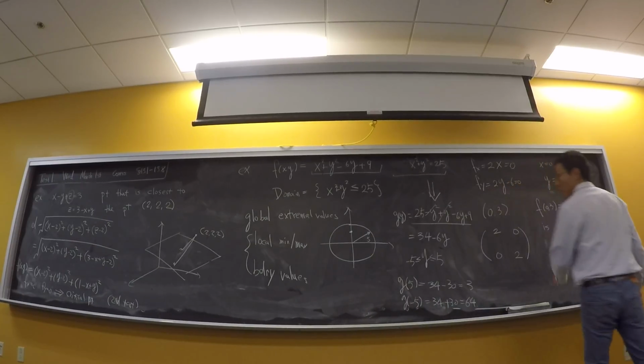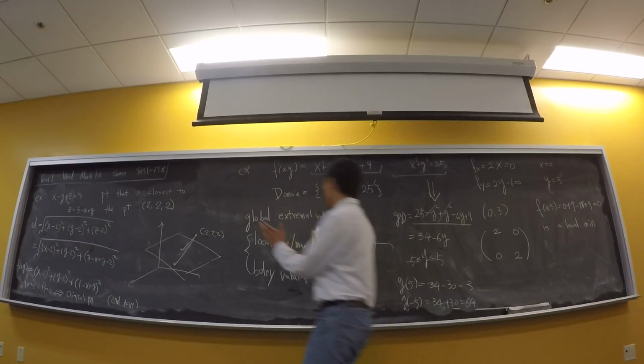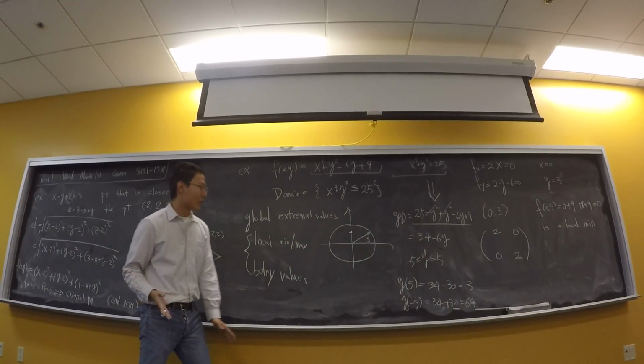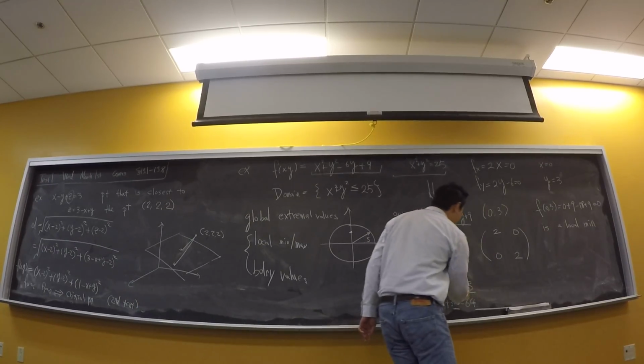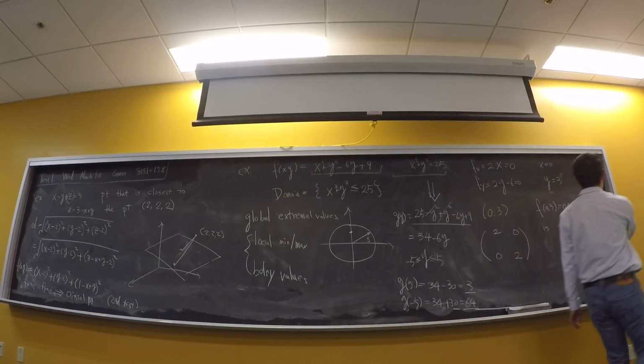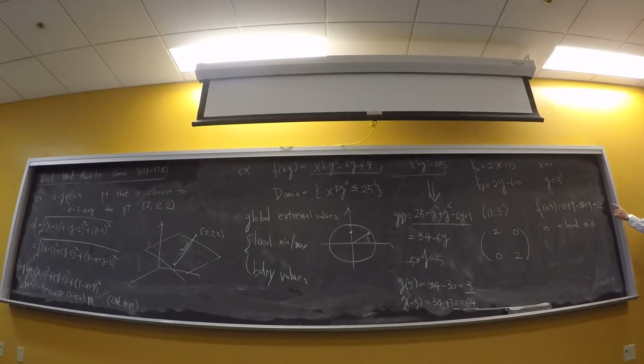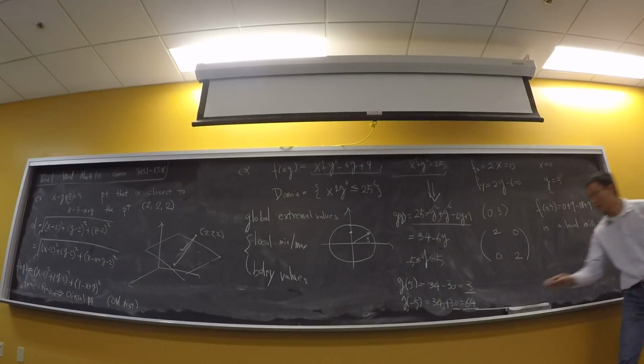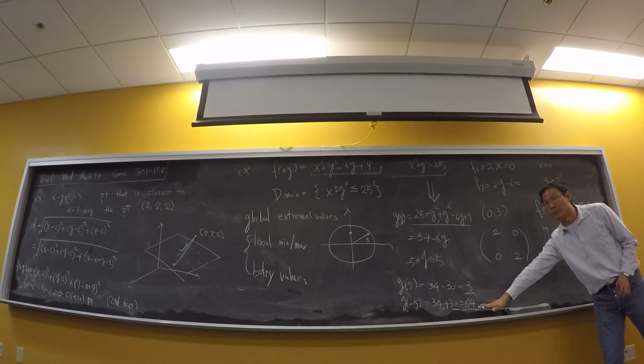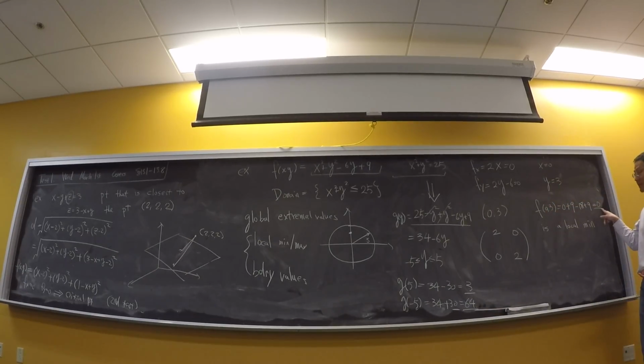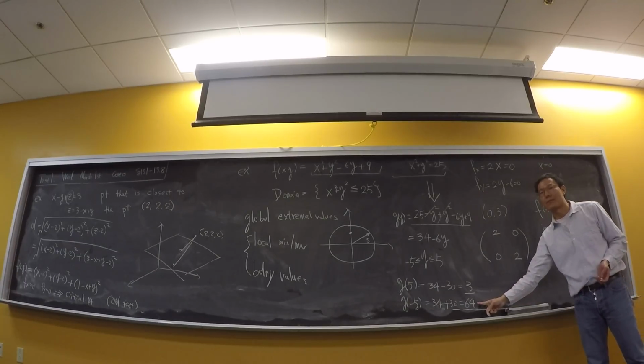Now my principle says if I want to find the global extreme values, the three candidates are 3, 64, and 0. The smallest one is going to be the global minimum, and the greatest one is going to be the global maximum. So the global minimum is 0 indeed. It is not only local, but also global. The global maximum is 64.